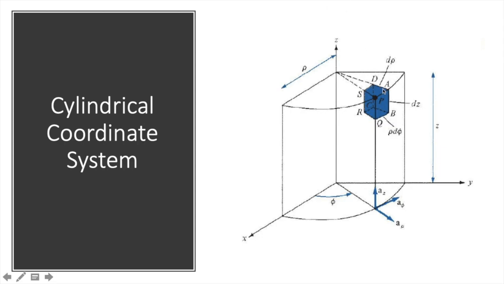So for the A, B, C surface, the direction of the normal will be a phi. Similarly, for the other surface, the normal will be az. Now we are going to write the magnitude.